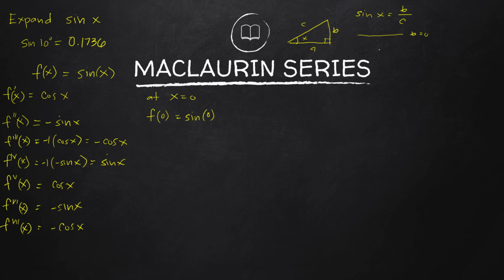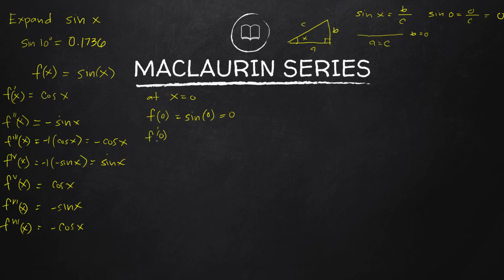And what will happen there is that the side A will be equal to the hypotenuse C. So if you are looking for sine of 0, this will be equal to your B, or the opposite side, 0 divided by the hypotenuse C. And 0 divided by any number will be equal to 0. So, f of 0 is equal to 0.